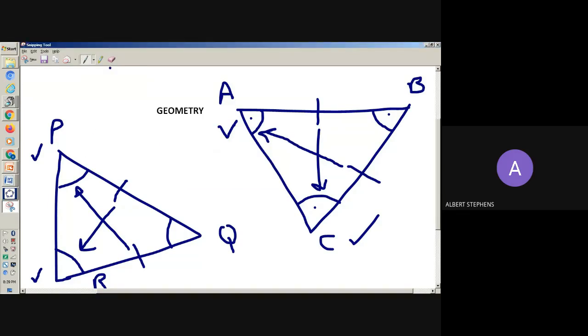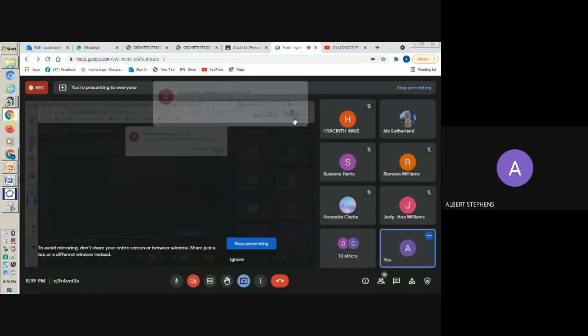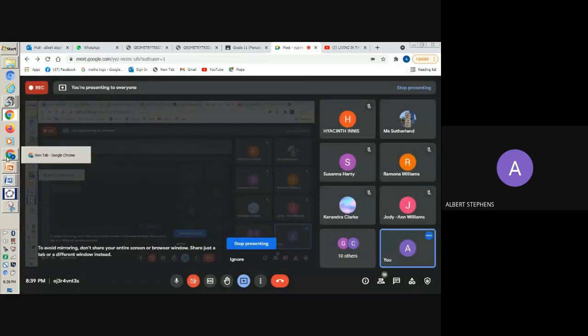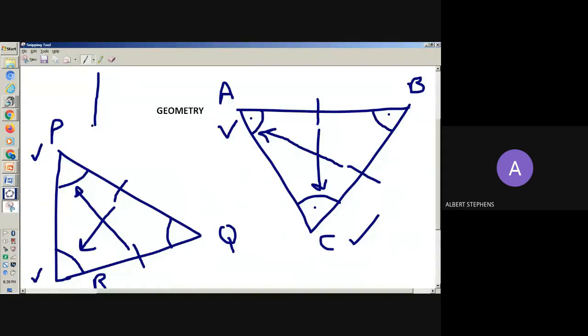Before I go, you see. What do you call this triangle?